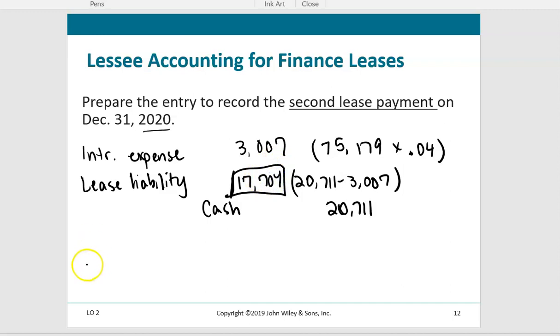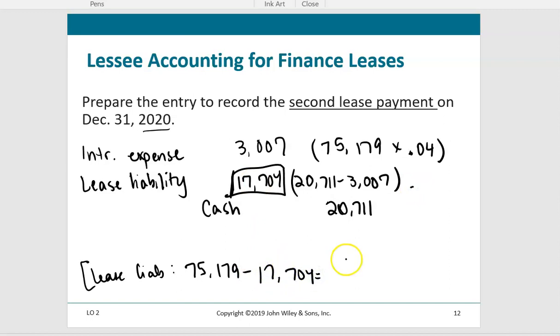What's the balance in the lease liability at this point? What was our general ledger report? Well, right before this entry, it was $75,179, and we just reduced it with a debit to lease liability for $17,704. So that results in a lease liability of $57,475. And since it's December 31st, 2020, that's what's going to be reported on the balance sheet.